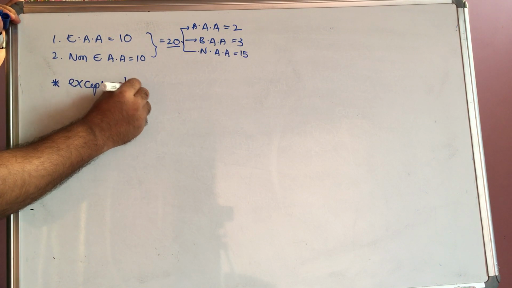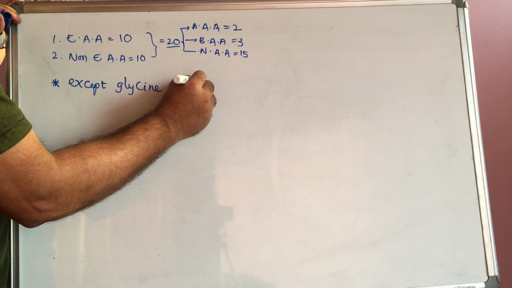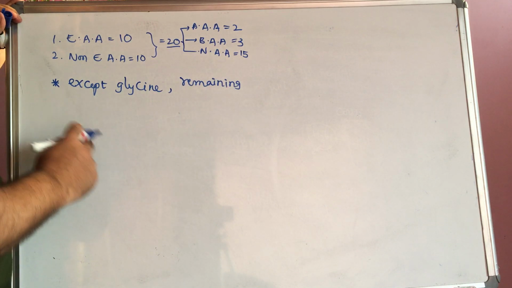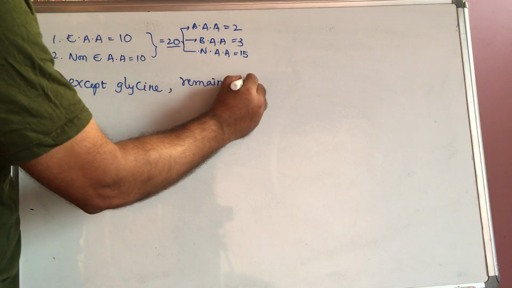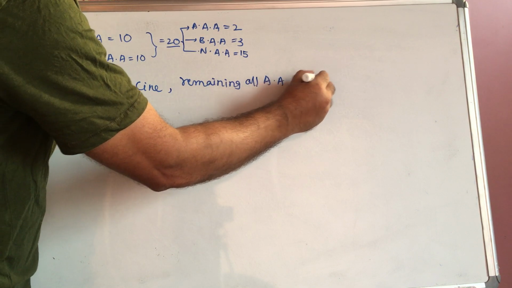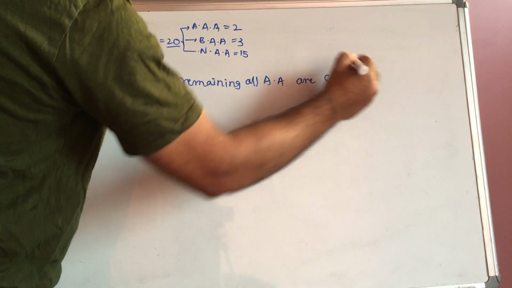glycine, remaining all are chiral. Remaining all amino acids except glycine are chiral amino acids.